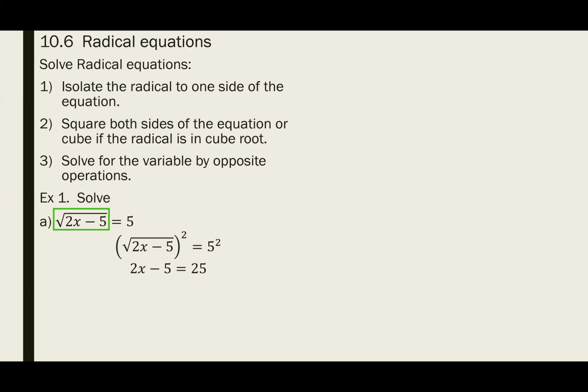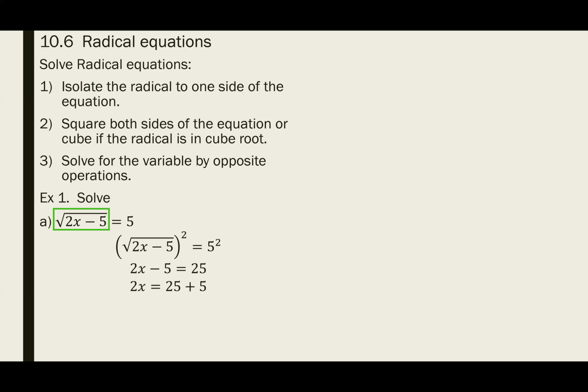The only thing is, if you do it on one side, we have to do it on the other side. So if I square one side of the equation, I have to square the other side. The square and the square root cancel out, so I have 2x minus 5. On the other side, 5 squared, meaning 5 times 5, is 25.